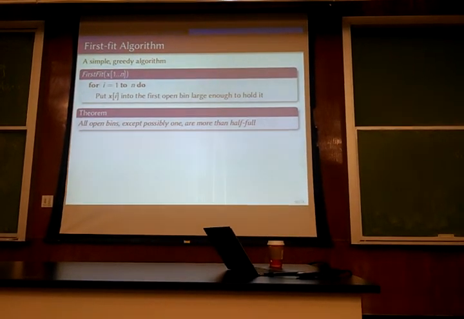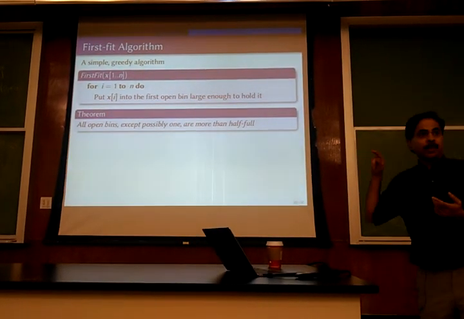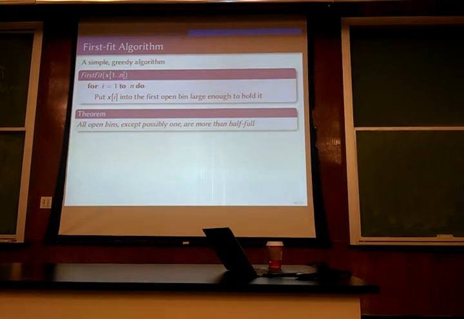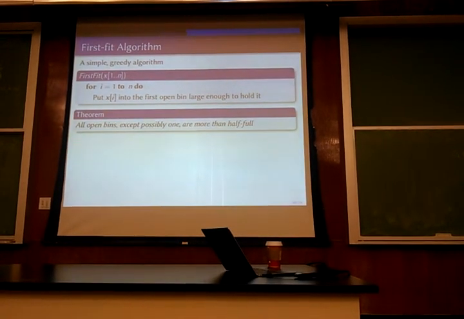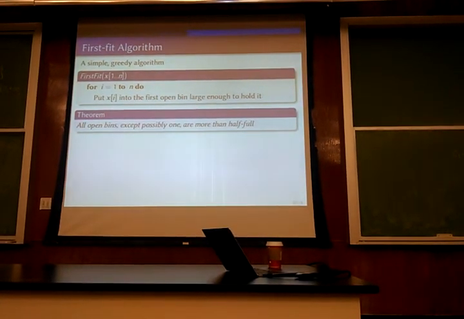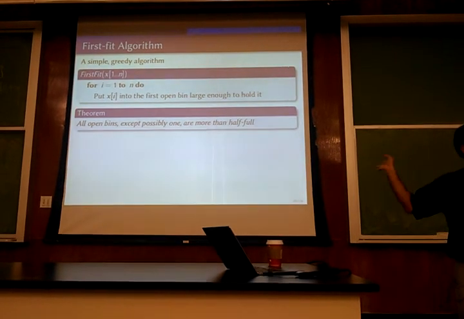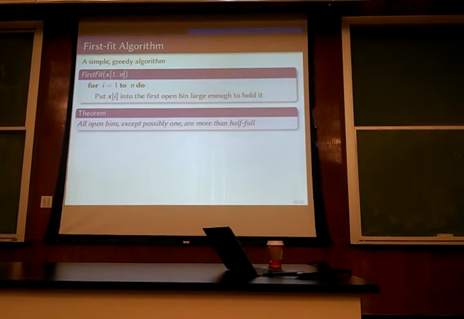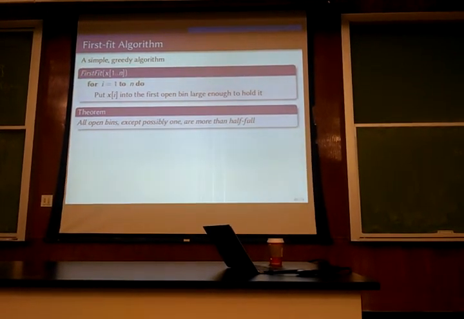The notion of open bin is that there are a number of bins that are empty, and we are not going to consider them; those are considered closed. We are looking at bins which have something in them, and we are asserting that at most one of them will be less than half full.